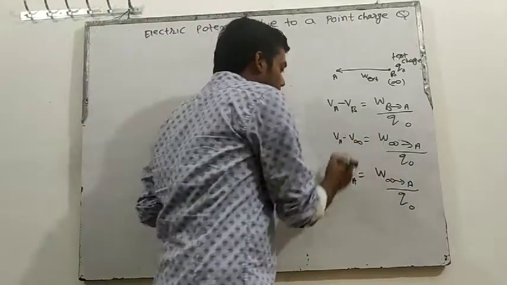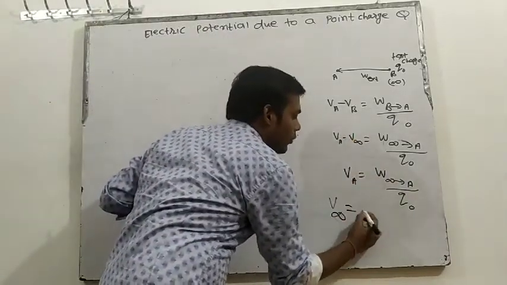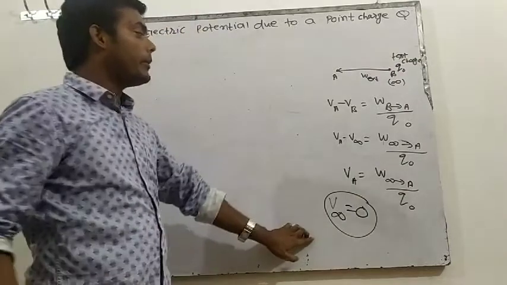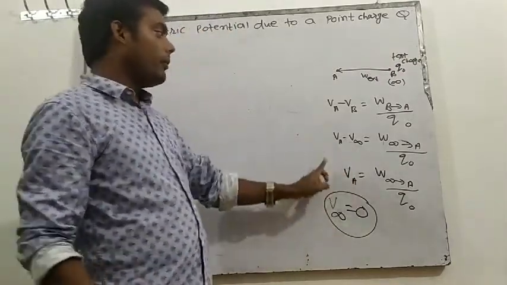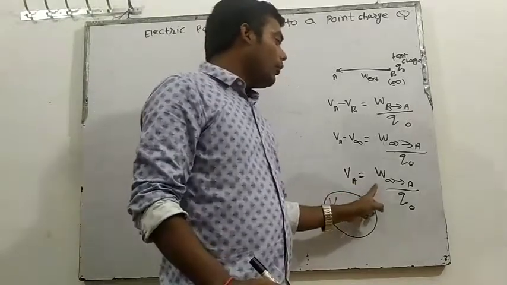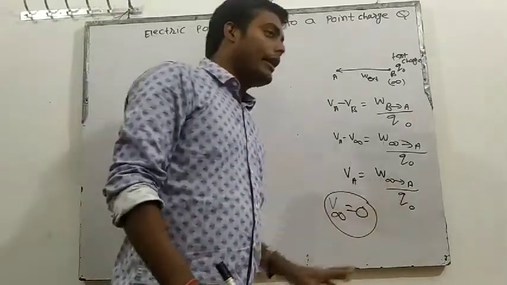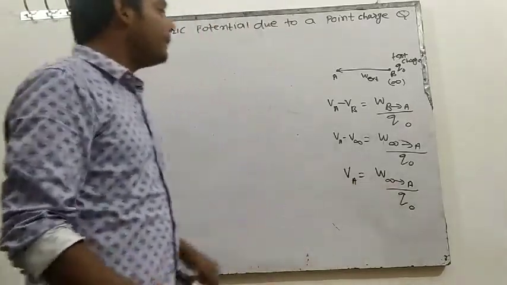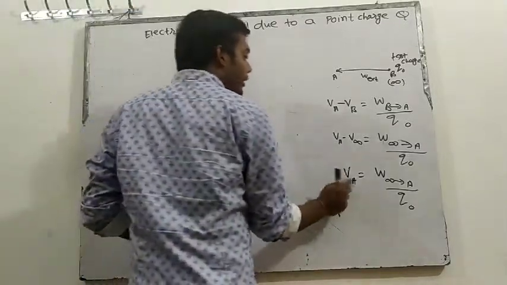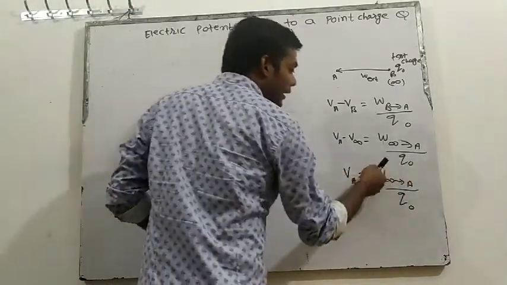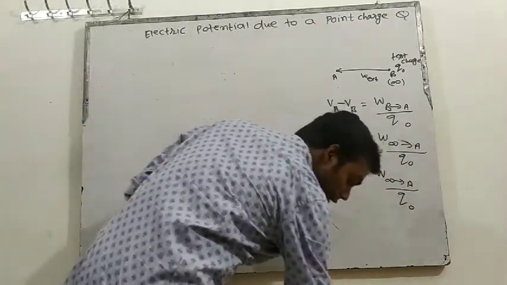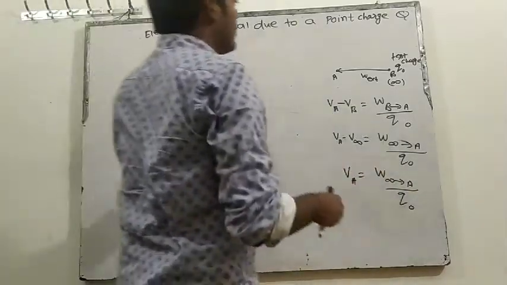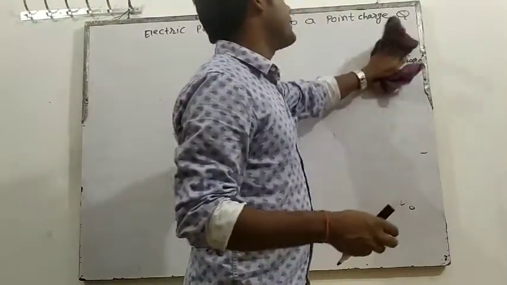We know that potential at infinity is 0. So at V infinity we will have 0, and it becomes VA equal to W from infinity to A divided by Q naught. Is it clear? For finding potential, first we will find the work done in bringing it from infinity to A, divided by charge. Now see how we will proceed in this derivation.